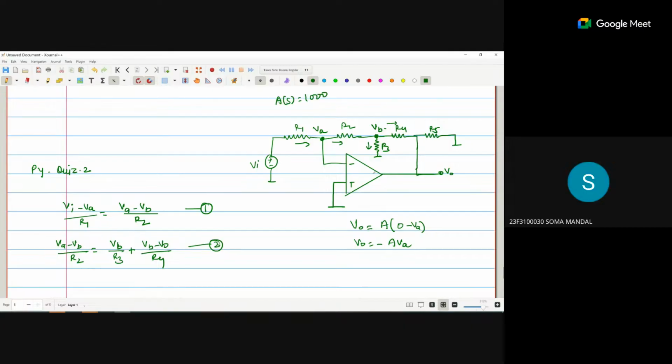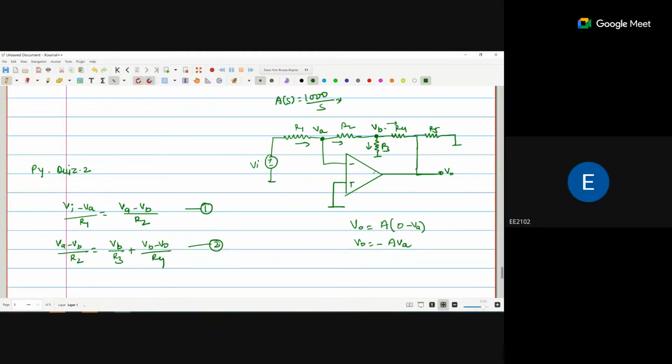So it is dependent on frequency, so it is a non-ideal op amp. And if the op amp is non-ideal, we can't apply the virtual ground concept. Virtual ground concept is only applicable for the ideal case, for solving purposes. Okay, sir, clear.